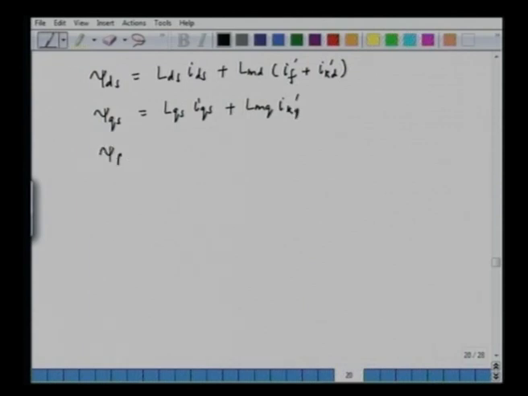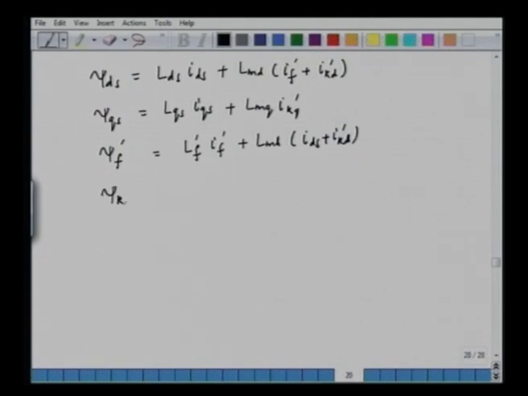The flux linkage in the field referred from the primary side is equal to LF into IF prime plus LMD into IDS plus IKD prime.